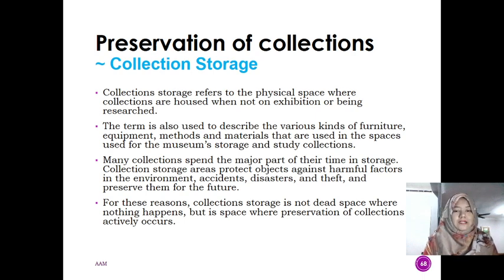Many collections spend the major part of their time in storage. The collection storage area protects objects against harmful factors in the environment, accident, disaster and theft, and preserves them for the future. For this reason, collection storage is not a space where nothing happens, but a space where preservation of collection actively occurs.